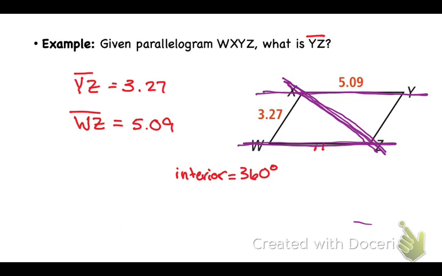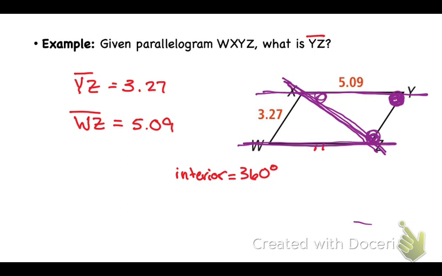Well, what do I know about same side interior angles? They add up to 180, don't they? And I got some same side interior angles, don't I? I got this one and this one.